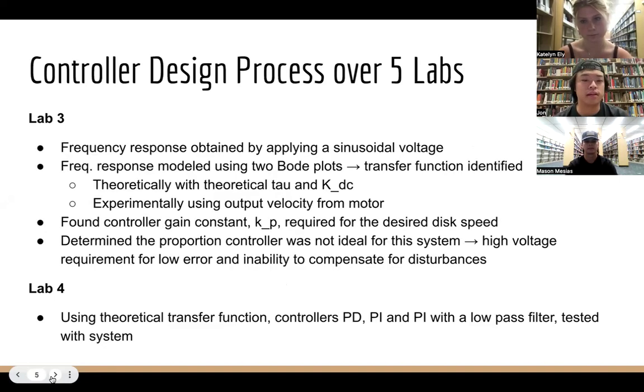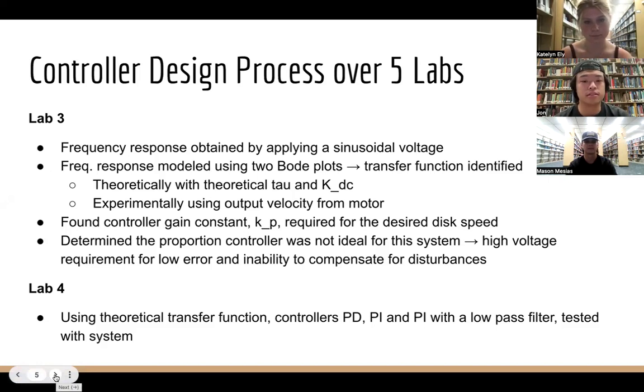Okay, for lab three, we found our frequency response by applying a sinusoidal voltage rather than a constant voltage. And this response was modeled using two Bode plots. The first one was found using theoretical methods, which was using our tau and K sub DC determined previously. And then the second plot was found experimentally using the output velocity data from the motor.